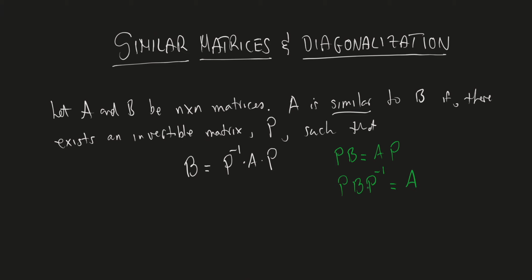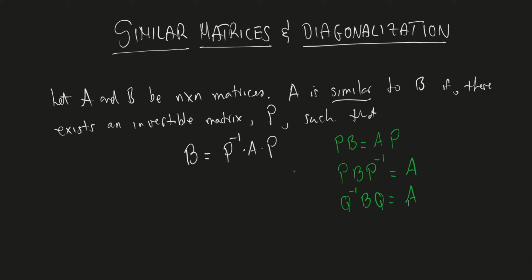Then let me do a little sleight of hand here. Suppose I call P inverse Q, give it another name, but then P would be Q inverse. Then we would have this. So it's saying if two matrices are similar, you can write one of them as this special product involving the other and these invertible matrices.